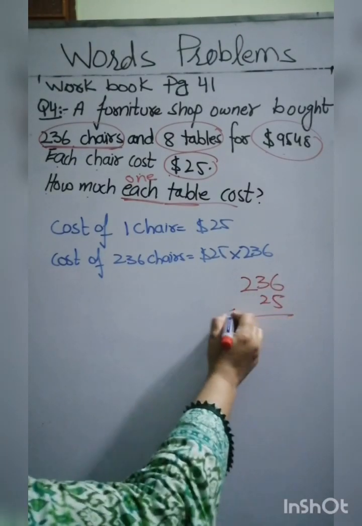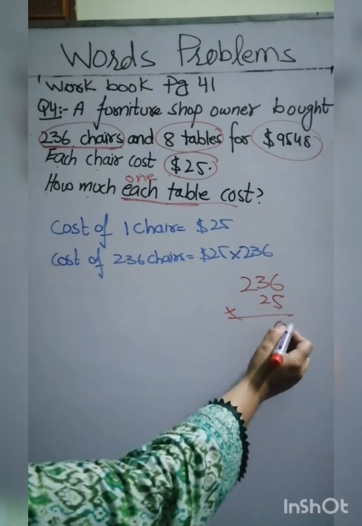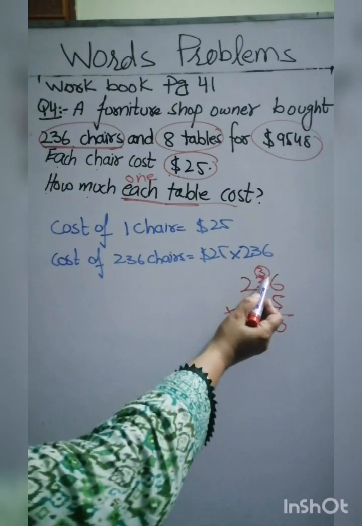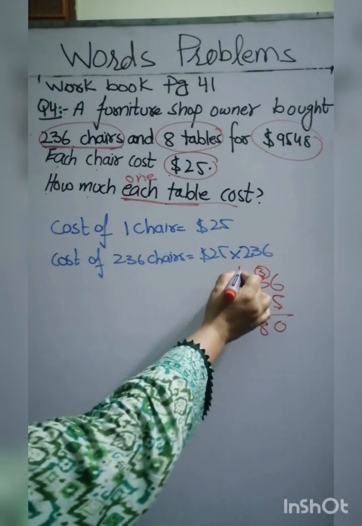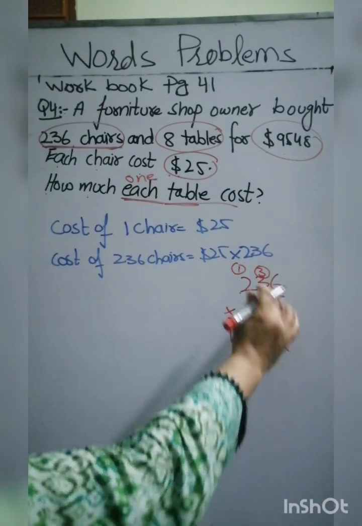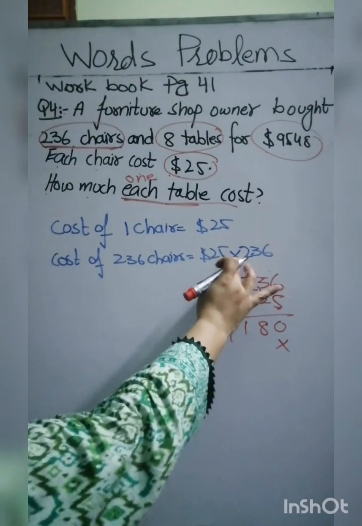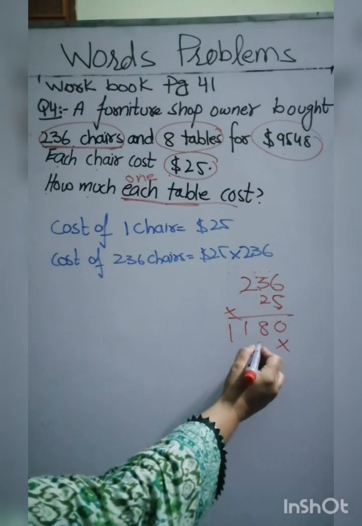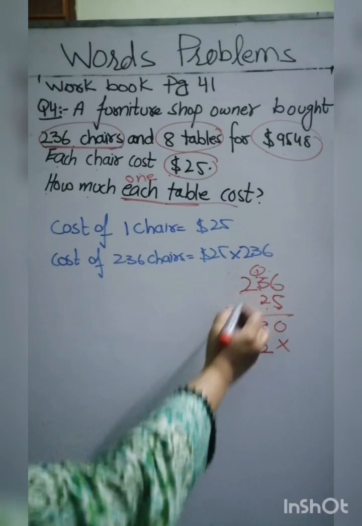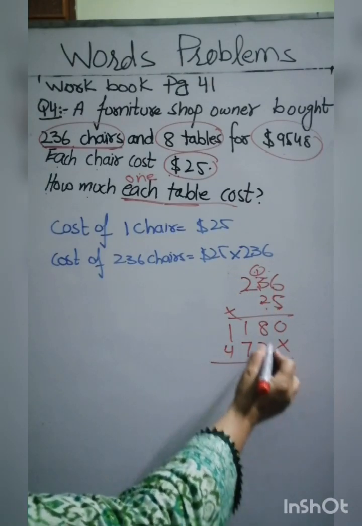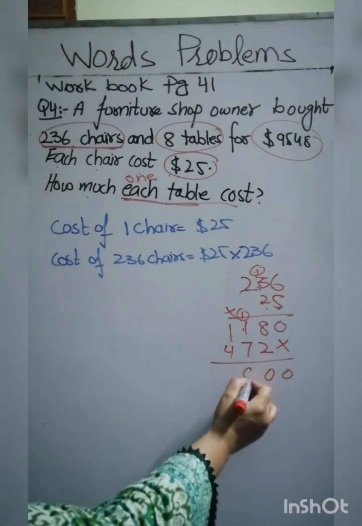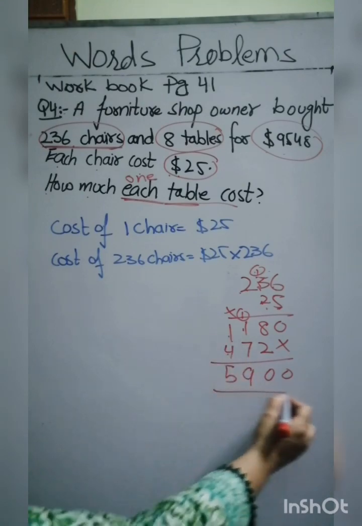We multiply these two values. 5 6s are 30, 0, 3 carry, 5 3s are 15, 16, 17, 18, 8, 1 carry, 5 2s are 10 and 1, 11. Now 2 6s are 12, 2, 1 carry, 2 3s are 6 and 1, 7, 2 2s are 4, 0, 8 and 2, 10, 0, 1 carry, 7 8 9, 4 and 1, 5.